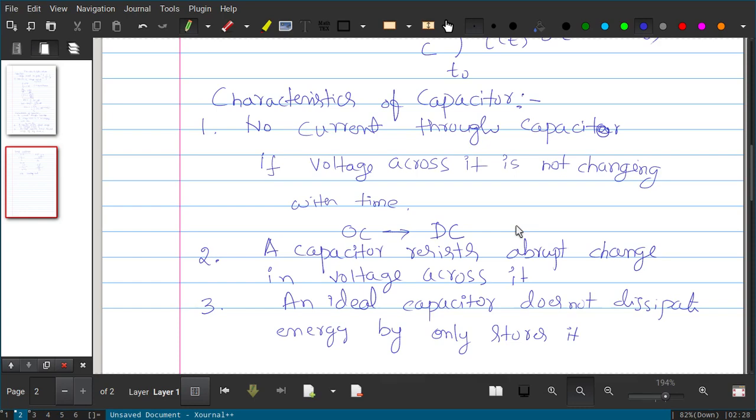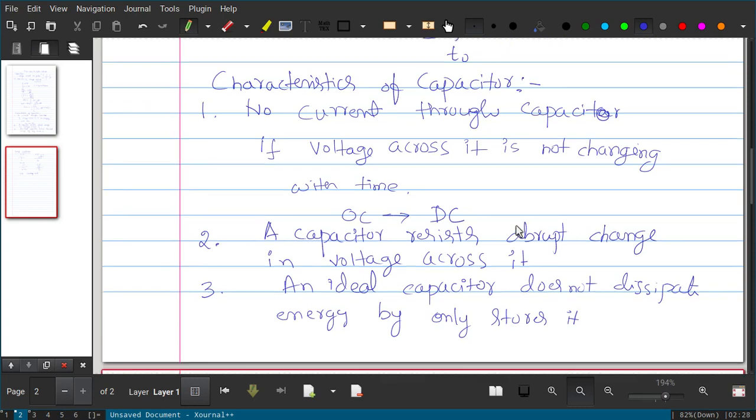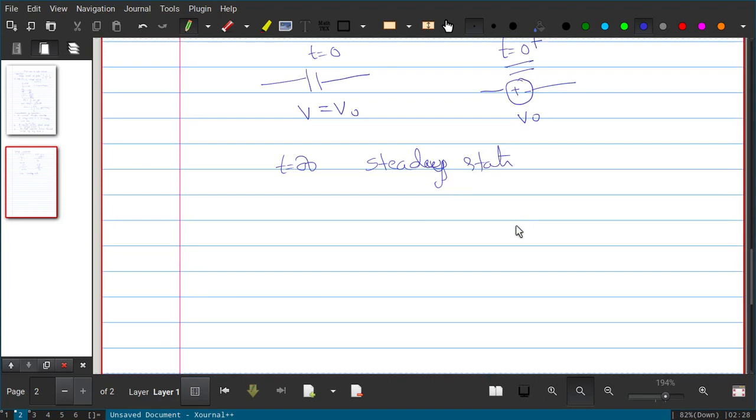What happens? No current flows. So I have to represent a model like that. So if you consider a capacitor and you have applied a DC voltage, you are not changing with time. How can you model it? You can model it as something in which no current is flowing. How can we represent that? Nothing but an open circuit.